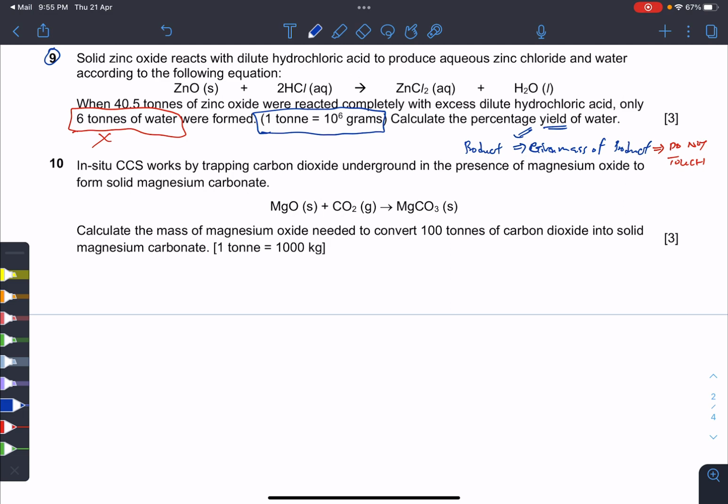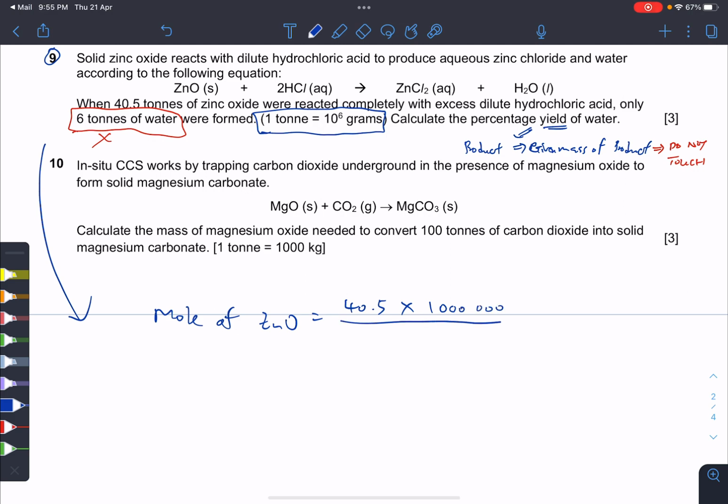It's merely an extra step for you to convert. Which means the mole of zinc oxide is 40.5 times 1,000,000, which gives you the mass in grams, divided by the Mr, which is 65 plus 16.